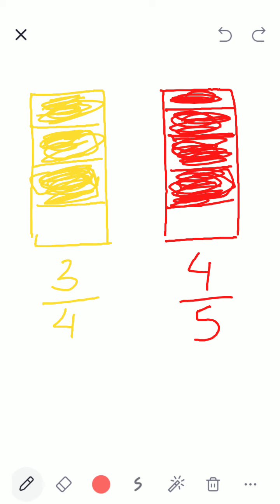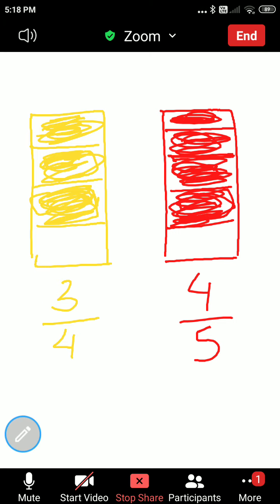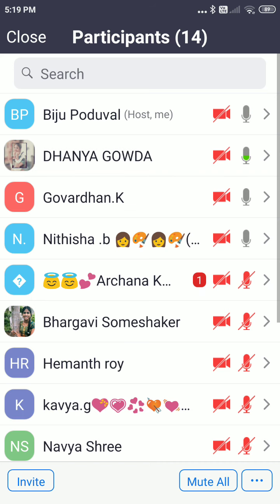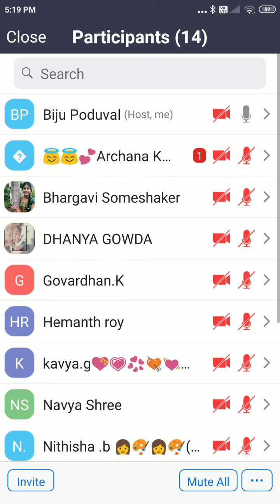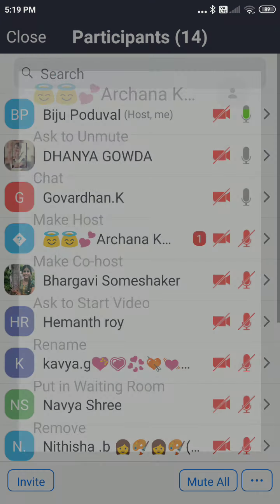Now, children, tell me, looking at the fractions, looking at the picture, which fraction is bigger? Which fraction is smaller? Both are equal? Anybody has a different answer? Danya is saying 4/5 is bigger. Anybody else? Speak, don't put it in chat.